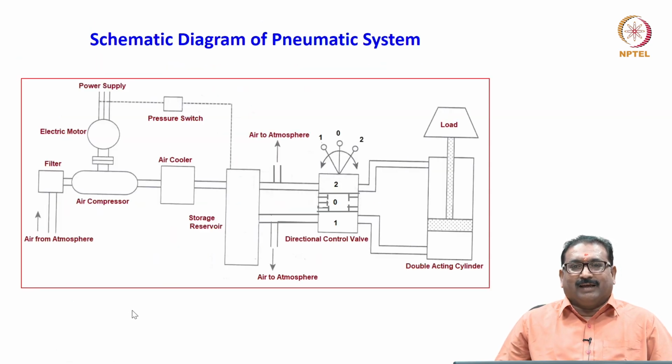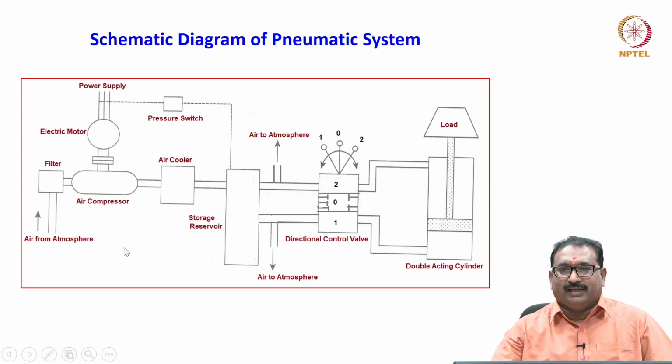The schematic diagram is shown in the figure below. Here again I am controlling the vertical movement of the load using a double acting cylinder. Here you will see a direction control valve having 3 positions, the middle position is a null position where all ports are blocked. The first position is to move the load up, and this position is to lower the load.